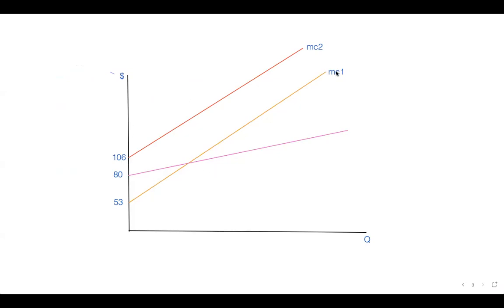It's going to cross this MC1, the low cost firm's marginal cost function at some point, right? So this means if you were an entrepreneur and you were going to sell a low quantity of the good, you utilize your cheap factory first, right?